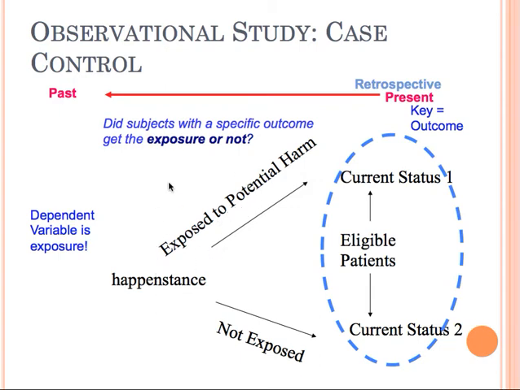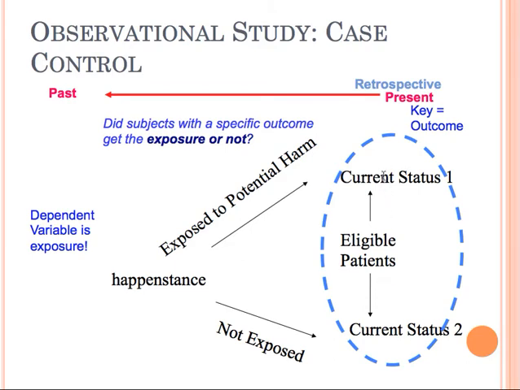And prospectively. But what we're going to do instead now is assign them to the groups based on their outcomes. So rather than do it based on their exposures or whether they got the intervention or not, we're going to put them into groups based on whether they have the bad or the good outcomes. So do they have the disease or not have the disease? That's what we see here.